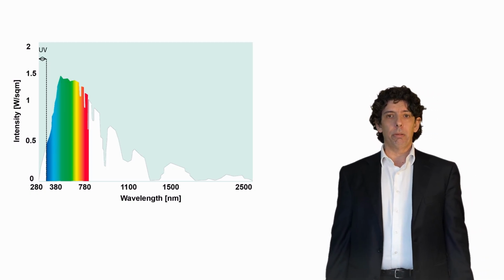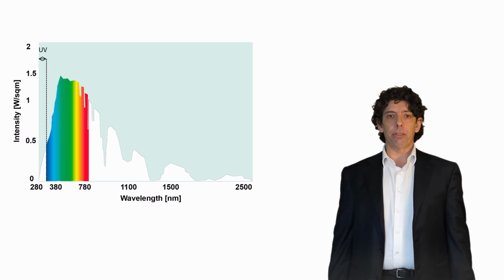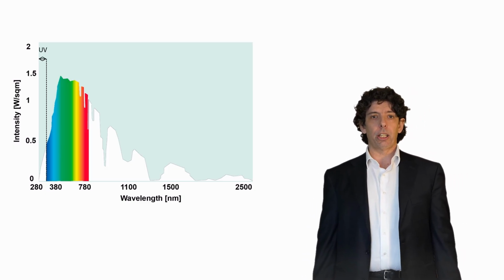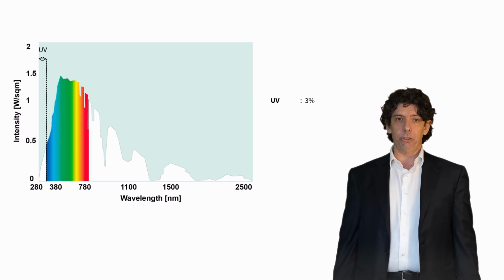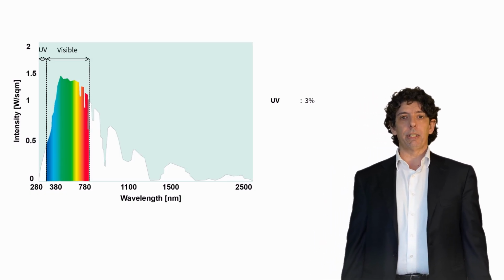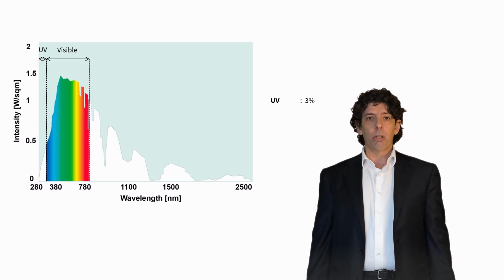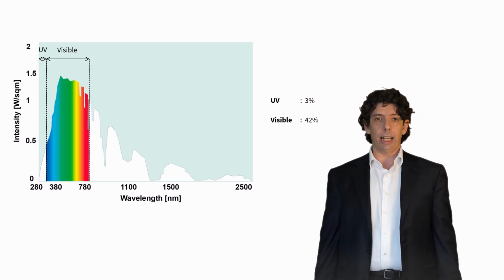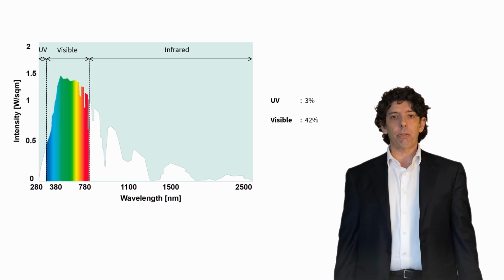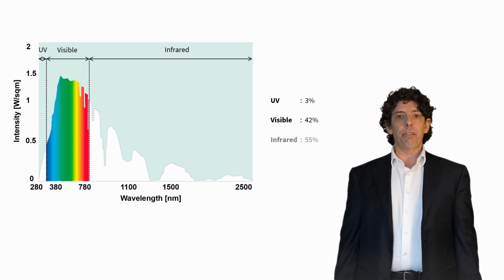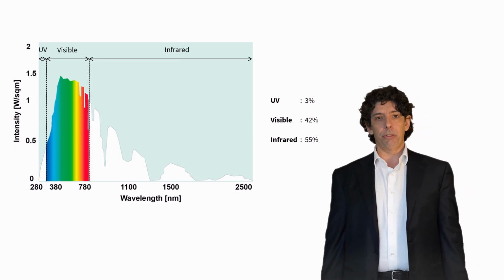Ultraviolet radiation, between 280 and 380 nanometers, corresponding to nearly 3% of the total solar energy. Visible radiation between 380 and 780 nanometers, which corresponds to nearly 42% of the total energy. And infrared radiation over 780 nanometers, nearly 50% of the total energy.